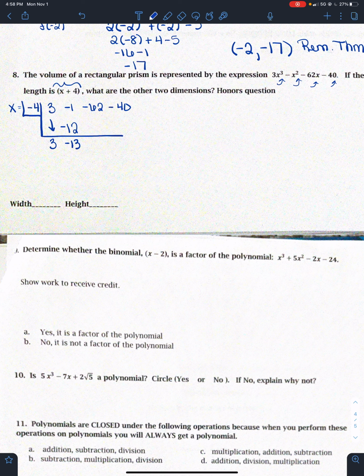So if I double that, that gives me 52. And I've got -10. -4 times -10 is a positive 40, which gives me 0. Remember, we will always have a remainder. Okay. And this time, if it's telling me that x plus 4 is a solution, I should expect that my remainder would be 0. So in this case, I'm now left with 3x squared minus 13x minus 10.